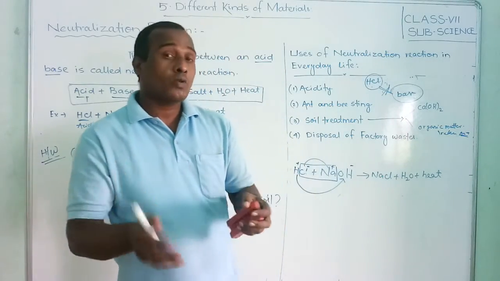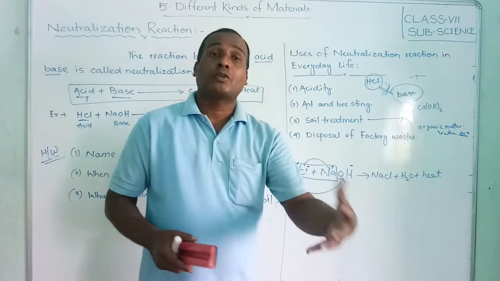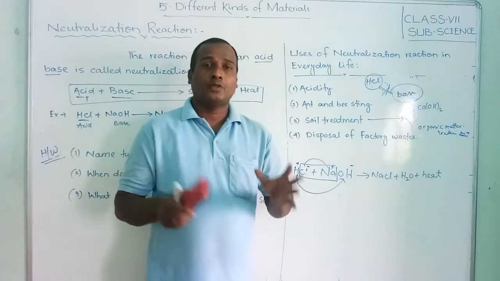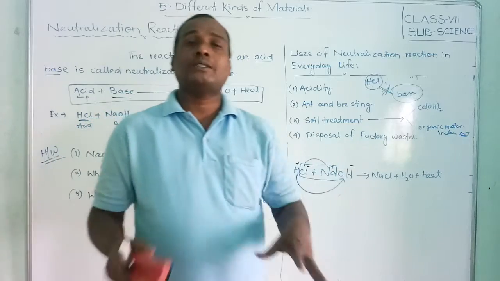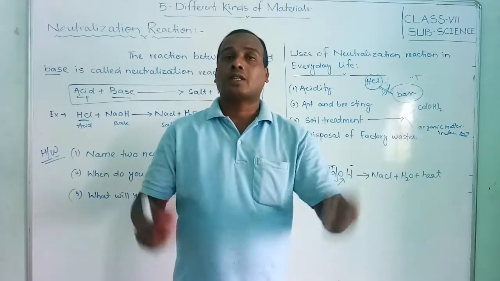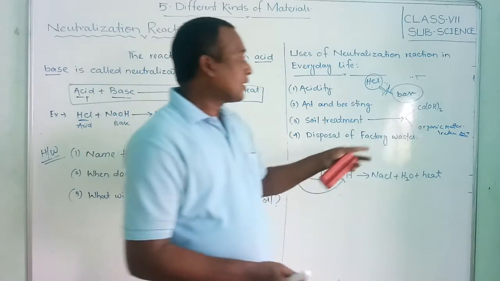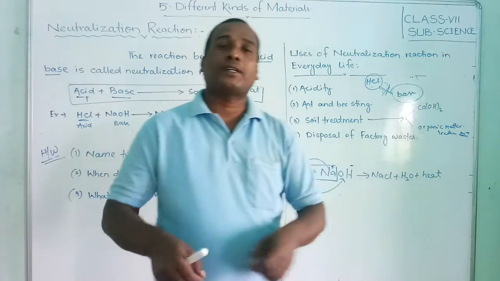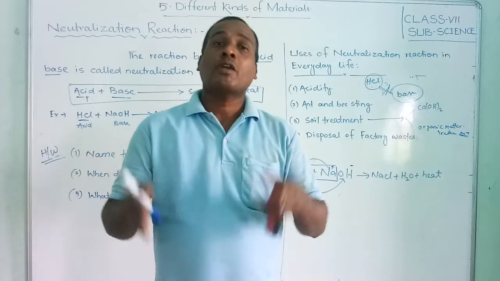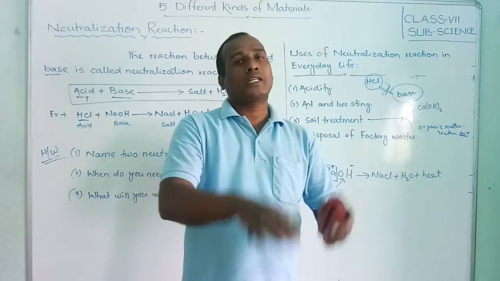Are you clear, students? So what will happen? How should we control it? Now, if you find that the soil has become too acidic in nature, then what do you have to do? You have to add the base. What is that? You can add calcium hydroxide in that soil.